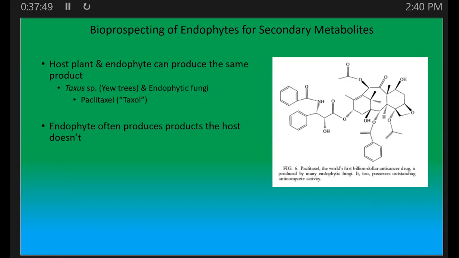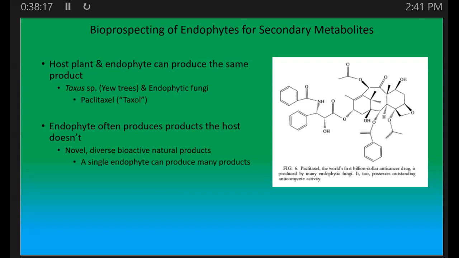The endophyte produces something totally unique. And that's what makes it so useful to the plant, because the microbe in the plant does the job of producing some chemical or metabolite that the plant finds useful. They're looking at this as a way of secondary metabolite discovery and can use that to improve human and other animal health.